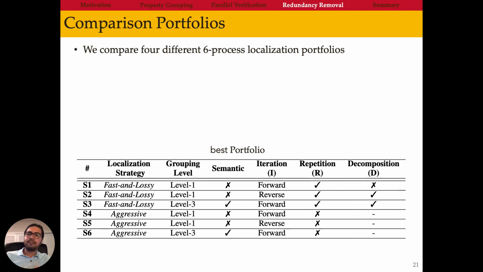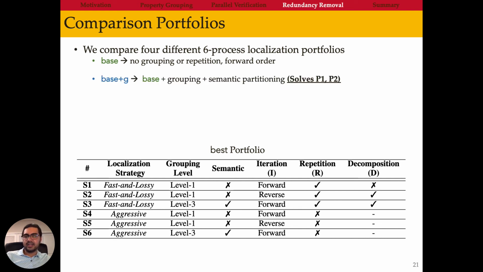To measure the impact of our 6-process localization portfolio on redundancy removal, we compare 4 different localization portfolios derived from our best portfolio. Firstly, there is the base portfolio that does not perform any grouping whatsoever, and all the processes solve properties in the same order. Note that base represents a state-of-the-art localization portfolio without grouping.